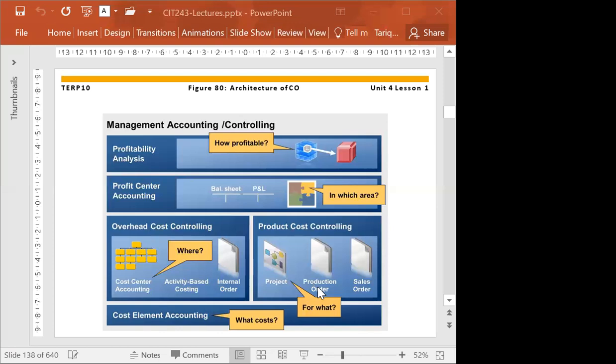Now, another example, because these are the internal orders or the maintenance orders or the production orders. These are the cost objects, belonging to cost accounting or managerial accounting. What happens when I take my car to the maintenance workshop, and they listen to me and say, okay, for this car we need to do this maintenance.